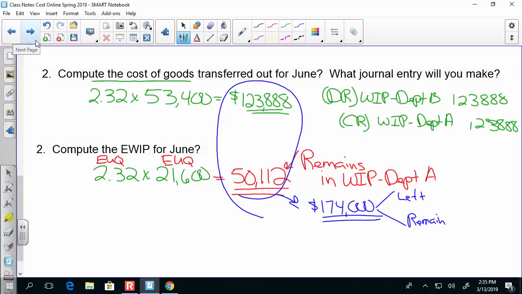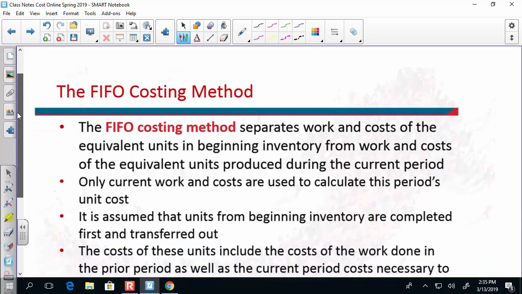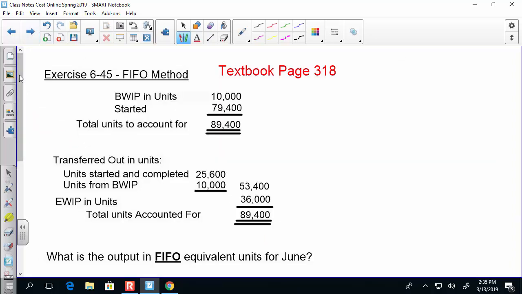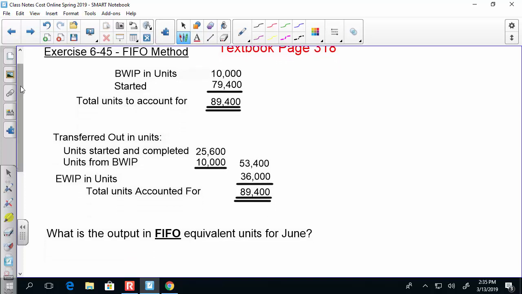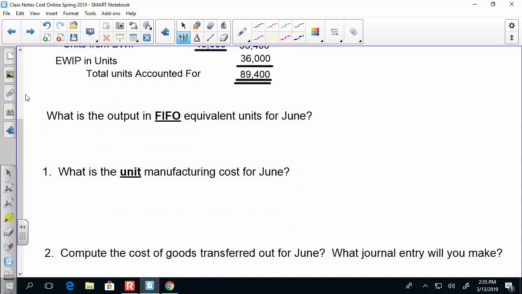Now, I did also use the FIFO method for the same problem. We don't mix costs. So this is 45, exact same problem, same information. It's just that we're using the FIFO method. So what changes? First we've got to figure out in step 2, I guess they call it in the book, what is the FIFO equivalent unit?